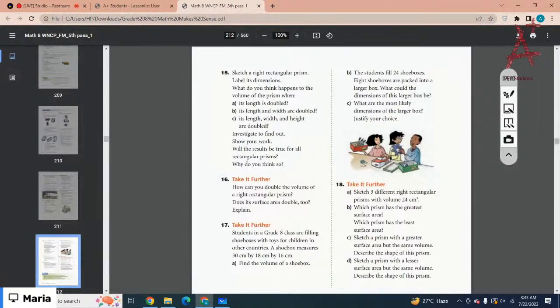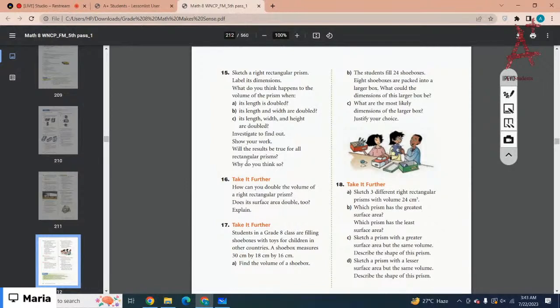The C part is its length, width, and height are doubled. If all of them are doubled, then 2 times 2 is 4 and 4 times 2 is 8. That means the volume would be increased by a factor of 8. Got it?